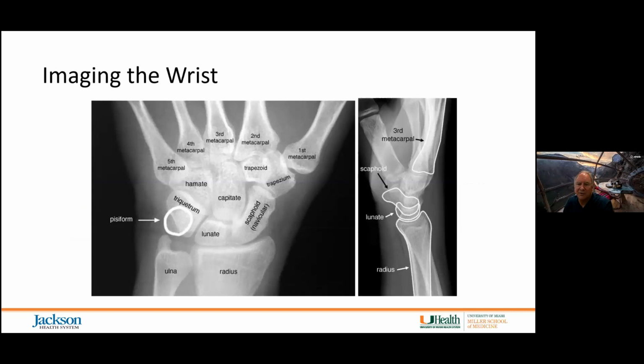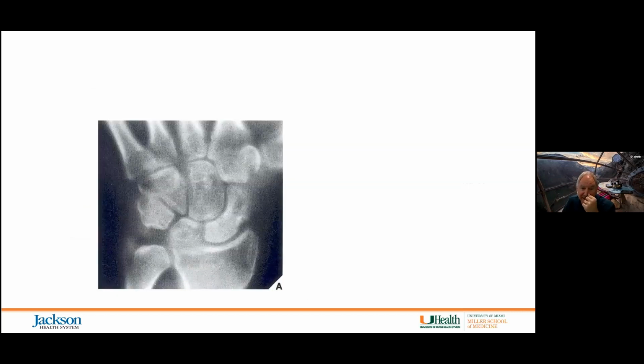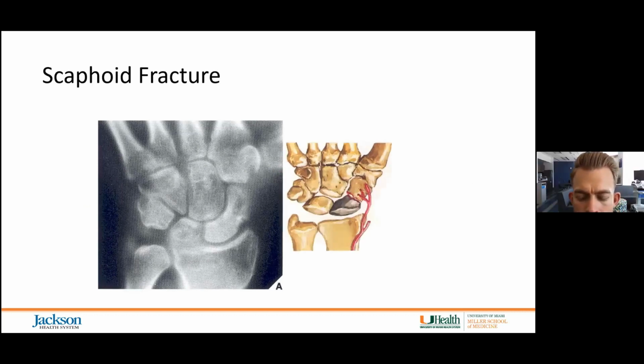I'm going to jump through this relatively quickly, but the films, all of you, I'm sure, are very familiar with all of the bones of the wrist and moving into the hands. That said, your next x-ray is probably not going to show up very well, but most of you would be able to pick this up as a snuff box. Scaphoid fracture. Scaphoid fracture, right.